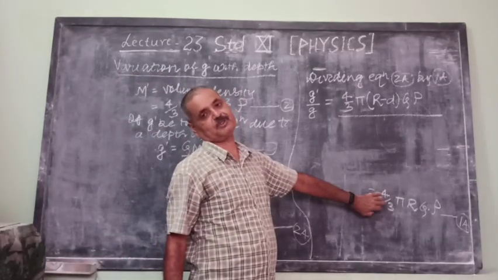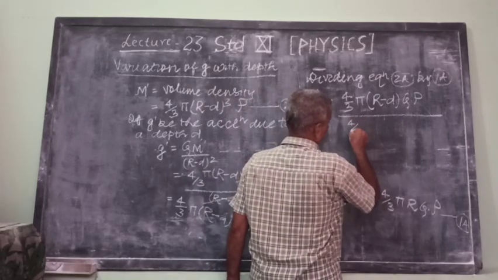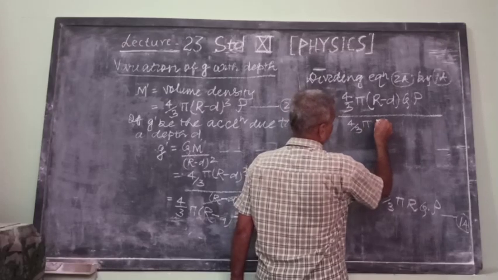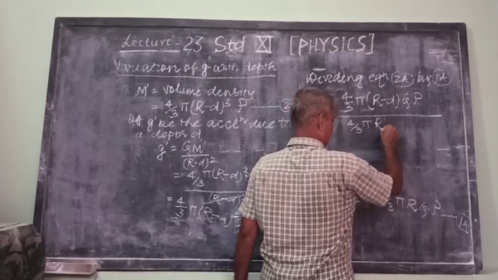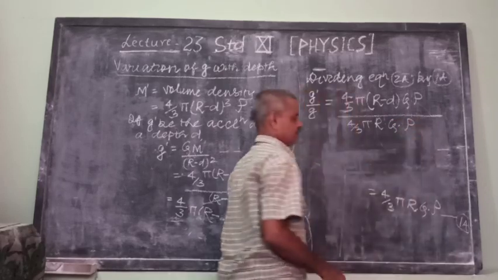This is your equation 1a. So it will be now 4 by 3 pi r g into rho.